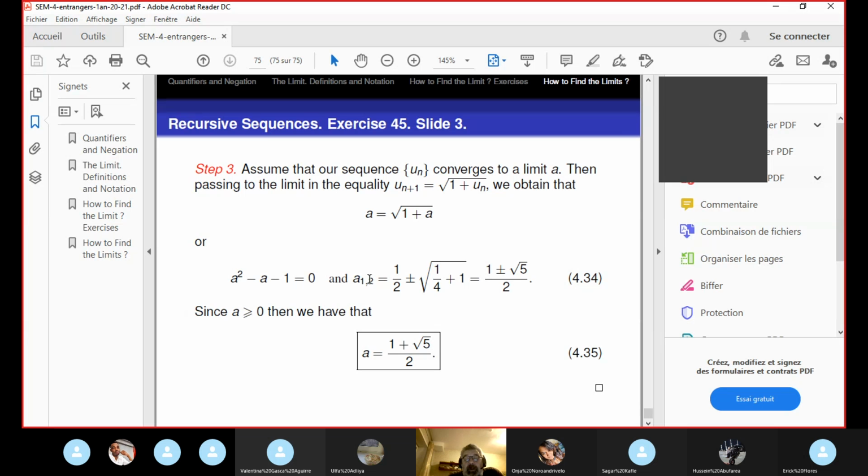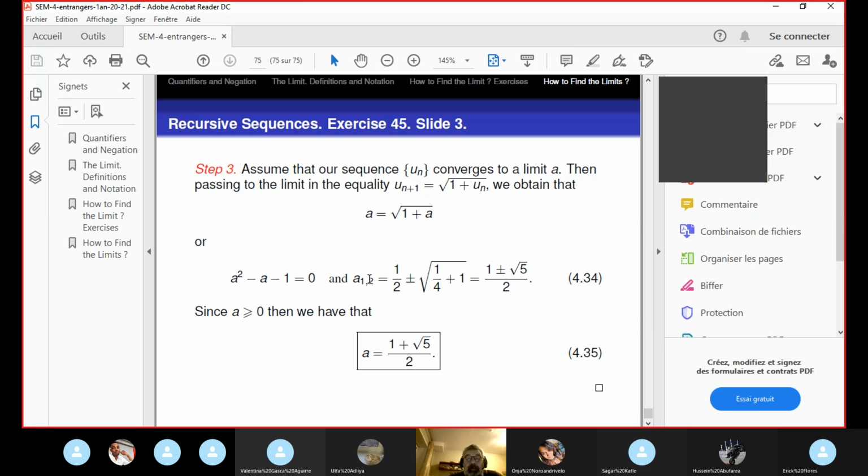Okay, so you see, in fact, we obtain a simple equation which enables us to find the limit A. Here we have the equality between two positive values, then squaring this equation, we find the formula. We can find two roots, two solutions to this equation, which are given by the formula 4.34.